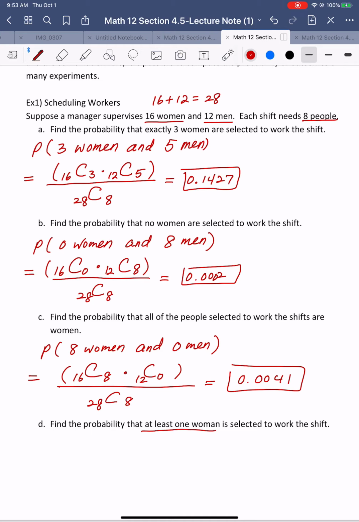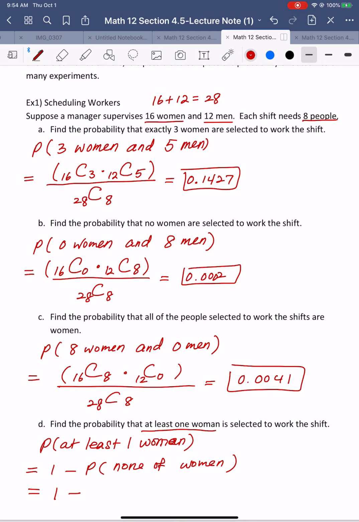For the D, find the probability that at least one woman. At least one woman means from the eight people, it could be 1 woman or 2 women or 3 or 4, 5, 6, all the way to 8 women. Because of that, an easier way to find it is the probability of at least one woman, you just put 1 minus P of none of the women.